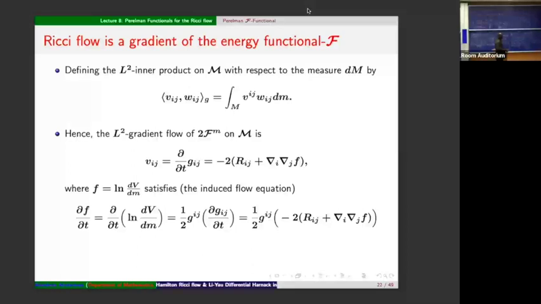Tracing this Hessian gives you the Laplacian. So this now gives you the derivative of F with respect to t is equal to minus 2. Okay, half is in front, so we cancel that. That will give you minus R minus Laplacian of F.